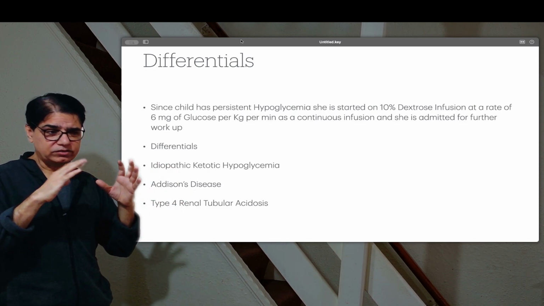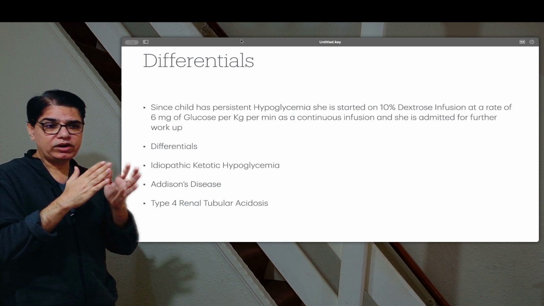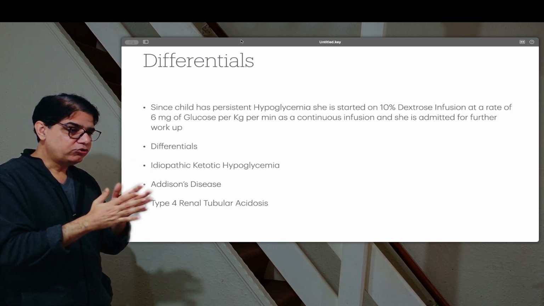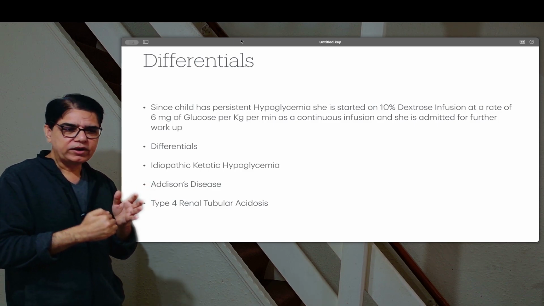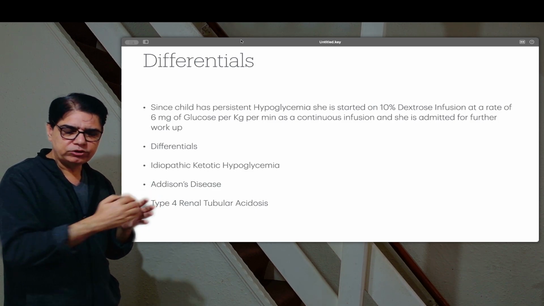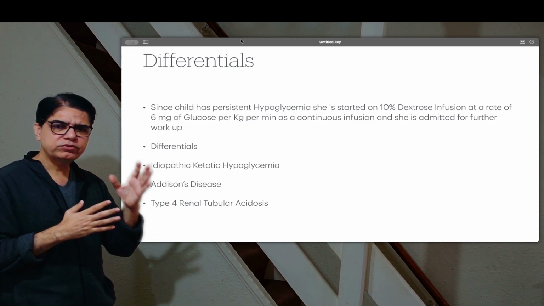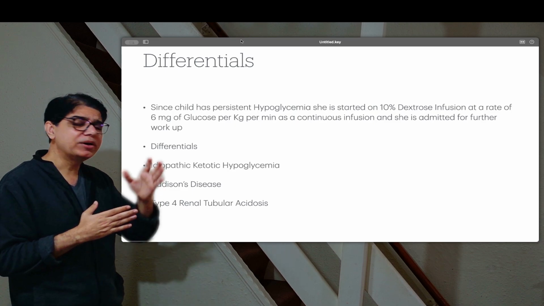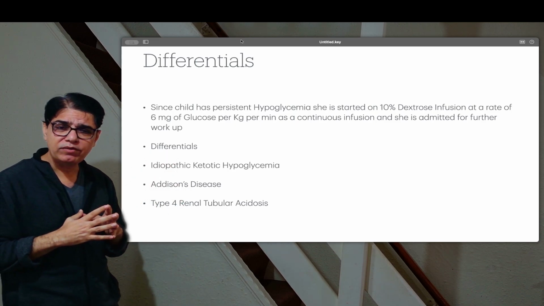But before we discuss that, because this girl had persistent hypoglycemia, and if somebody has got hypoglycemia persistently, you need to treat it. So we decided to start this girl on a dextrose maintenance infusion. Normally the dextrose for hypoglycemia is given at the rate of 6 to 8 milligrams per kg per minute. This girl was probably 14.5 kilograms.